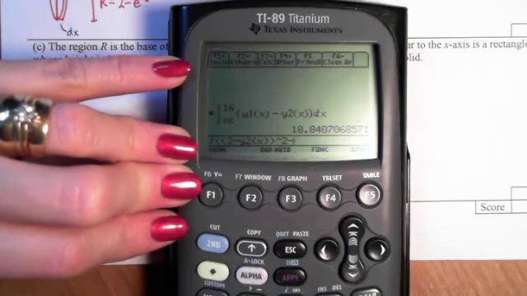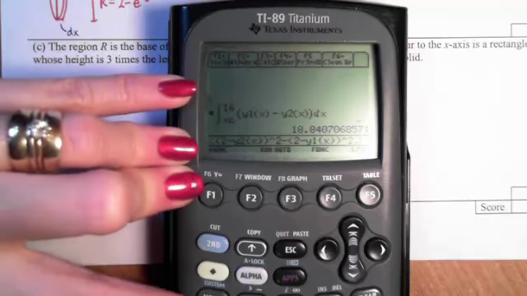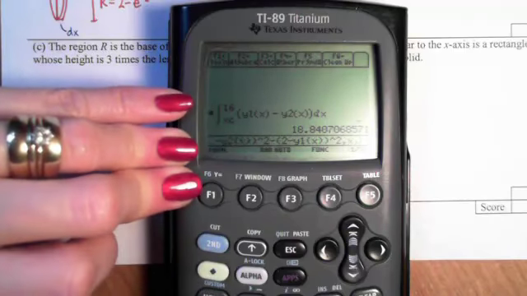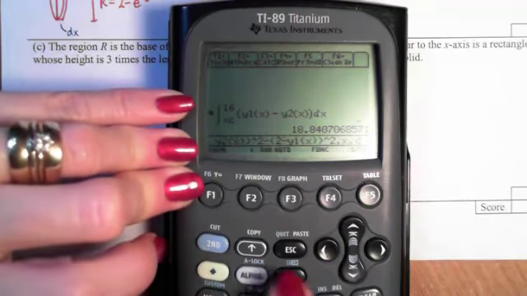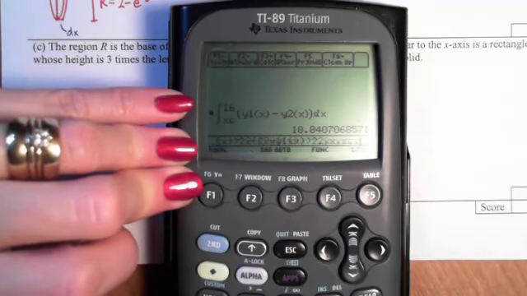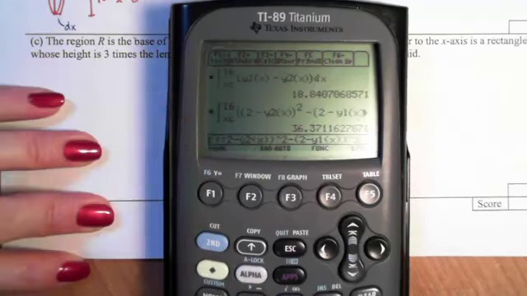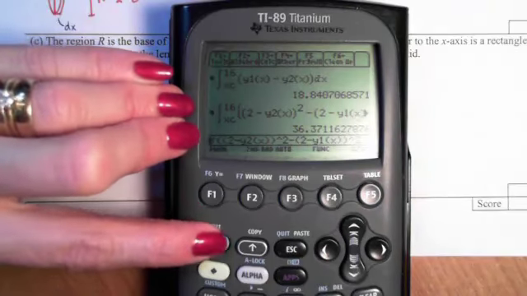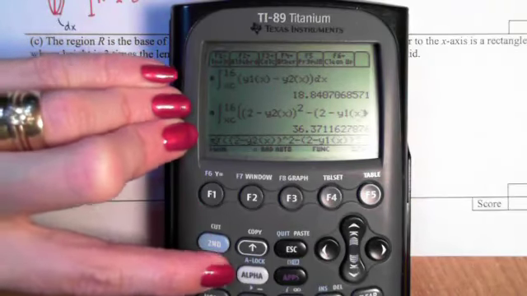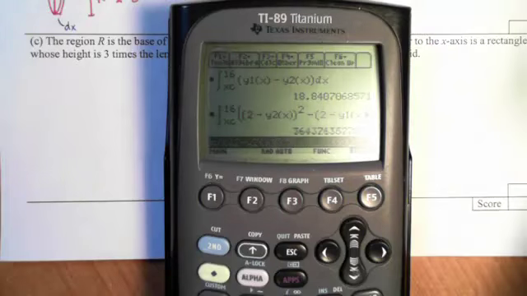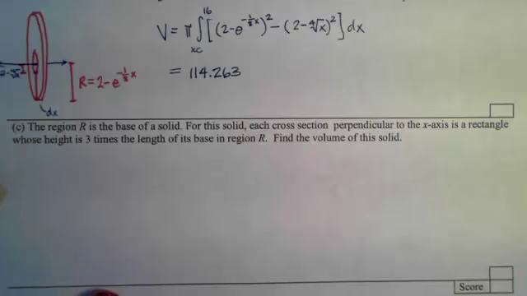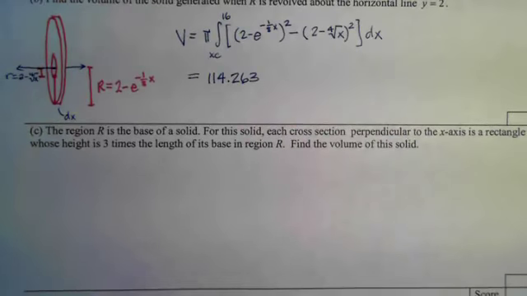Then I'm going to subtract the 2 minus y1 of x squared. And then I'm going to tell it I want to integrate with respect to x from xc all the way up to 16. Done. We need to have the pi out in front. So second pi, 114.263.